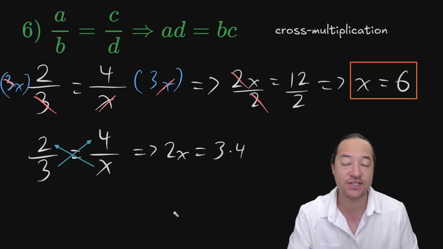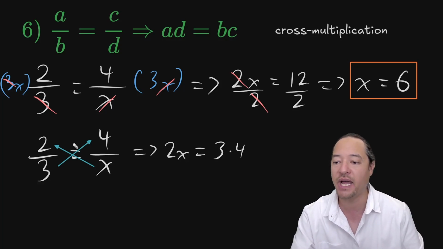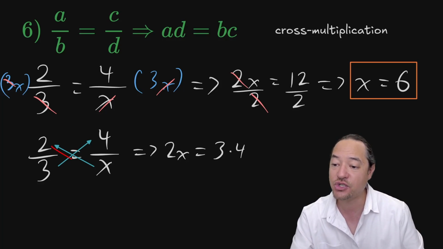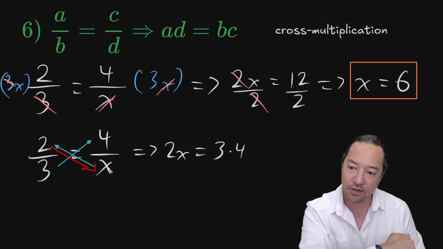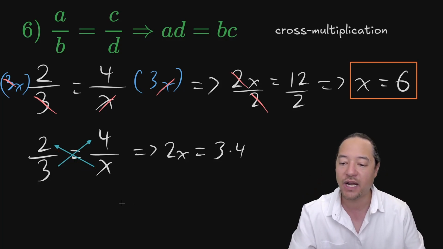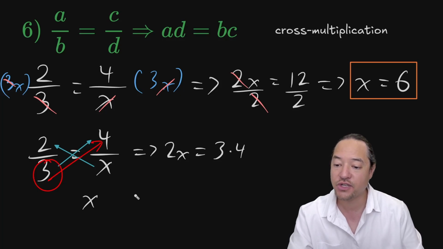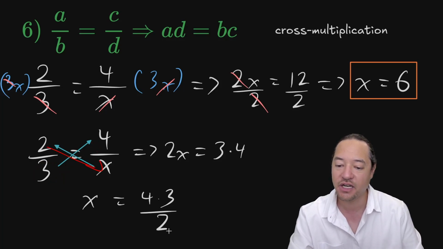And from here, of course, we can solve for x very easily. In fact, you can also cross multiply the other way. If I wanted to, I could have taken this 2 and crossed it down across the equal sign into the denominator. Look what happens. I take the x and cross it on the top, so I get an x on top. Then the 3 I'm going to cross over here, so I have 4 times 3, and the 2 I'm going to put in the denominator, so that gives me a 2 on the bottom.